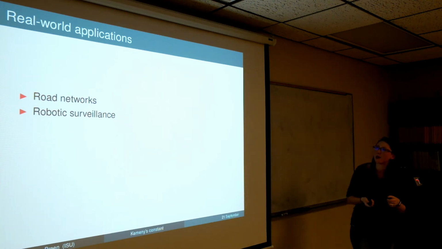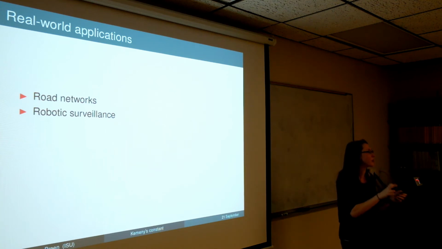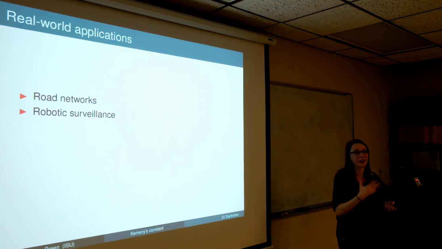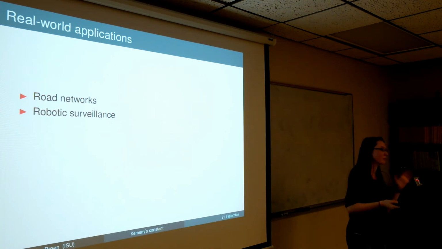What they did was they have some semi-definite program that determines the best transition probabilities that would minimize Kemeny's constant in this network. And so they just tell their robot to use those transition probabilities. And this algorithm that they came up with outperforms a lot of the state of the art in that field, which I think is pretty cool.